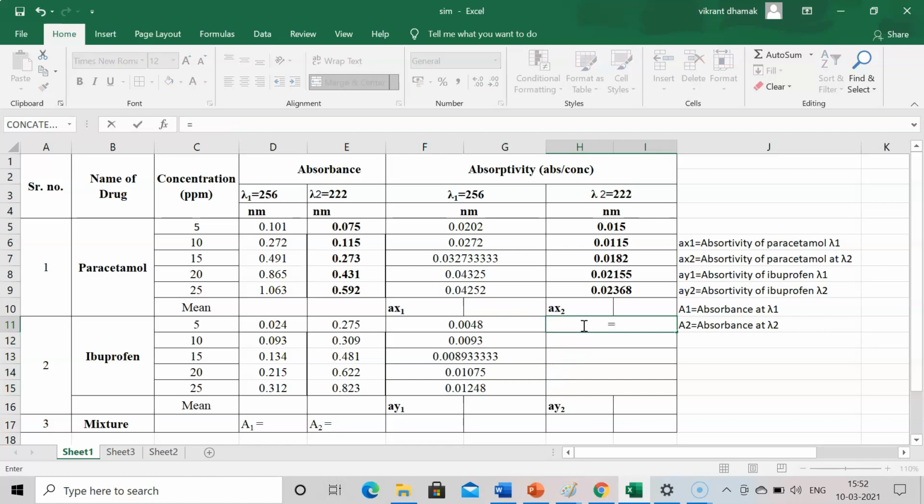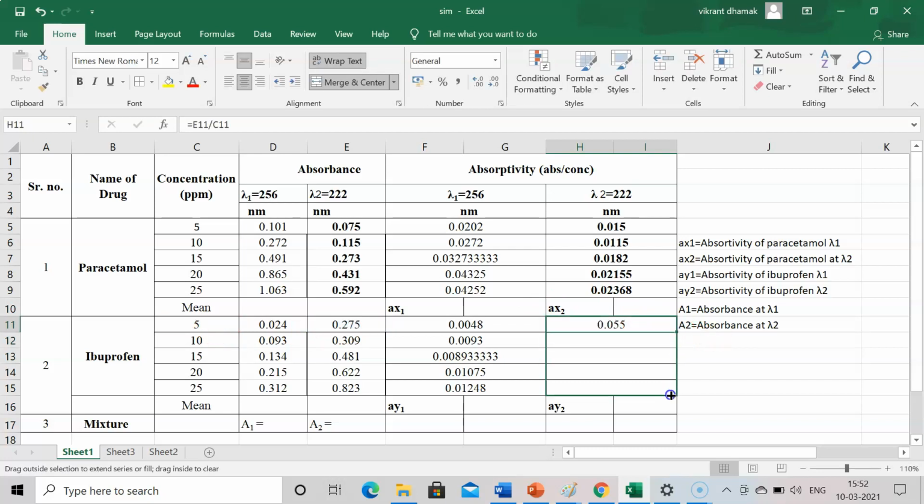After that, again equal to, the value of ibuprofen at lambda 2 divided by concentration. Press enter, you will get the value, and after that again scroll it down, you will get all the values.